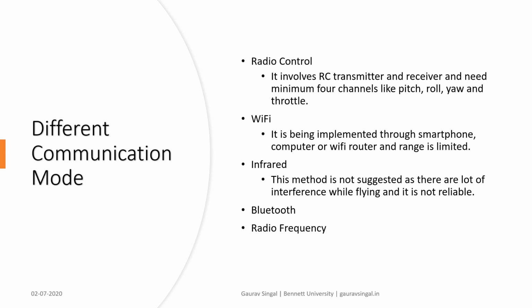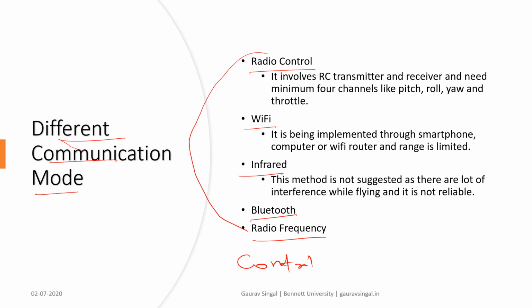Then you can see there are different communication modes in the drone: radio control, Wi-Fi, infrared, Bluetooth, radio frequency. All of these can be used for transferring the control signal and data signal.